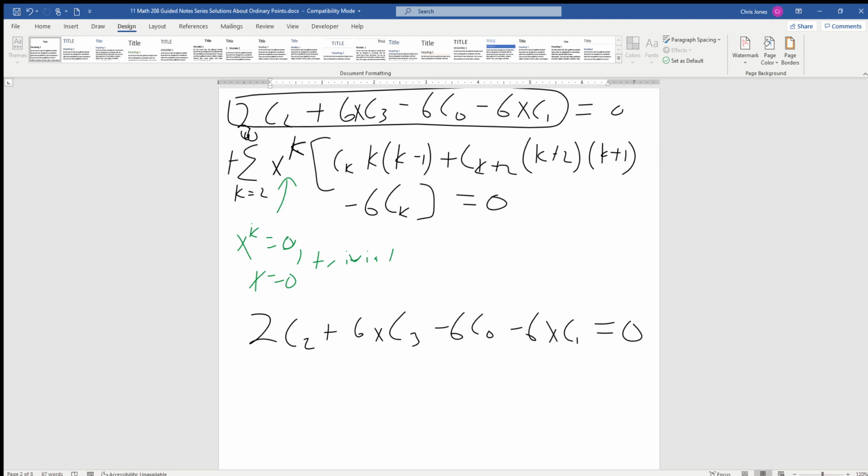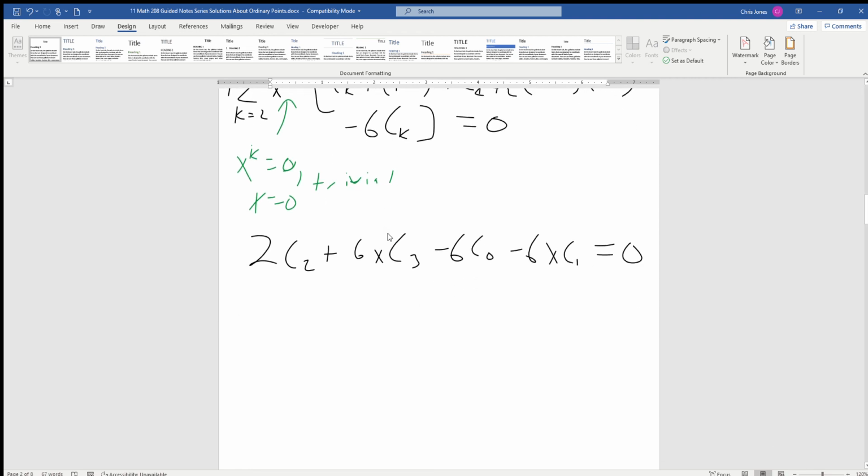And what we can do is set up a system, because it's 0 plus 0x. So what we're going to do is set all the x terms equal to 0, and then set all of the constant terms equal to 0.